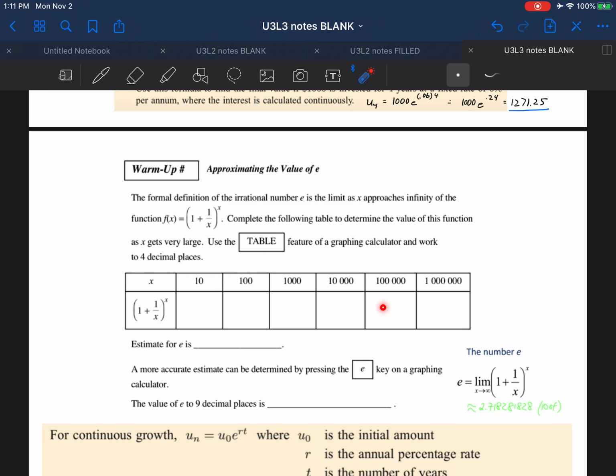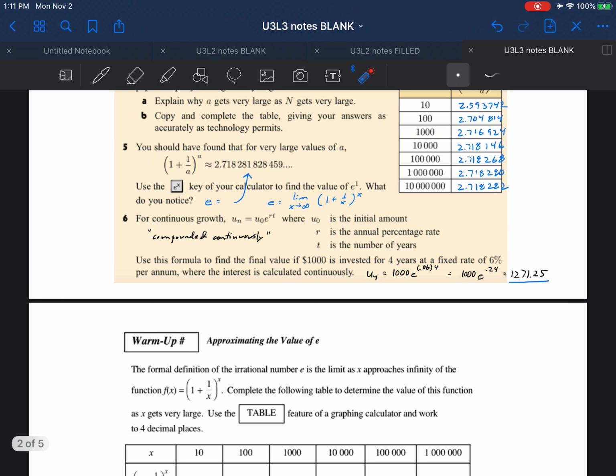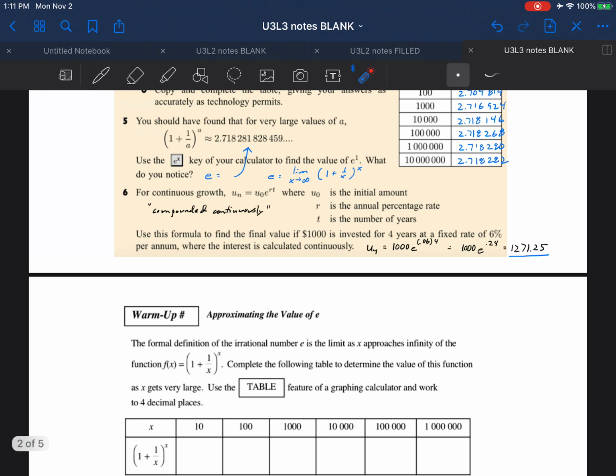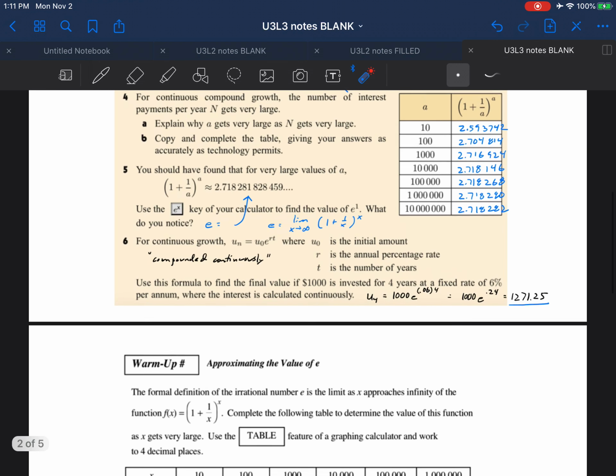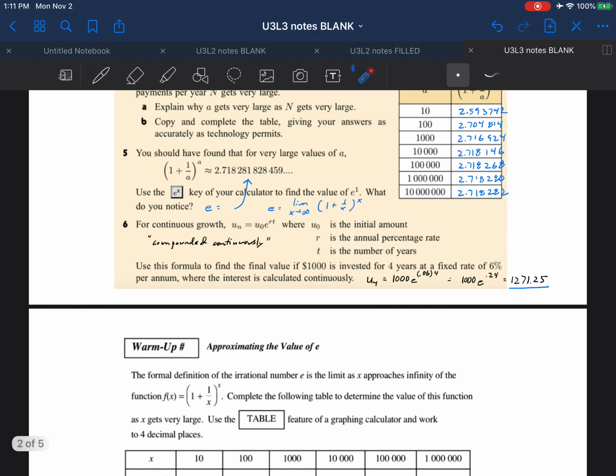And we'll look at that through these values, which we actually did right here. So we can actually just copy these. 1 plus 1 over x, raised to the x, when x is 10.